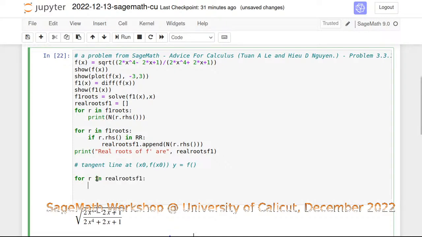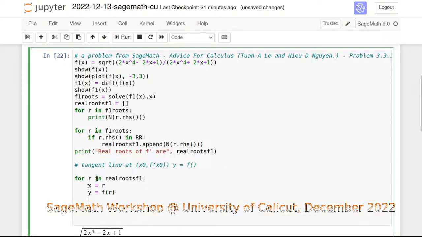So, take each tangent line. This is the x value. The corresponding y value we can find by substituting this x value into f of x. y equal to f of r. x is equal to r.